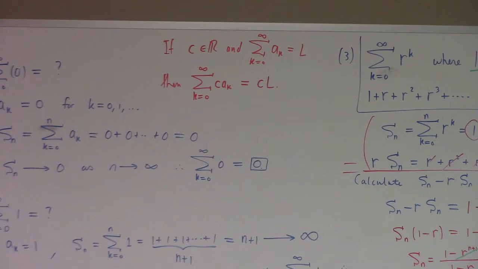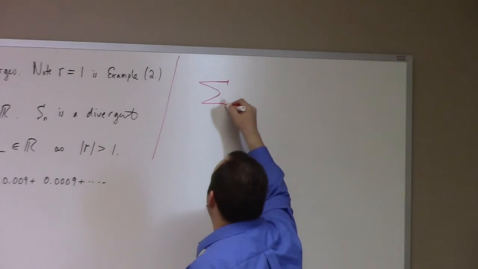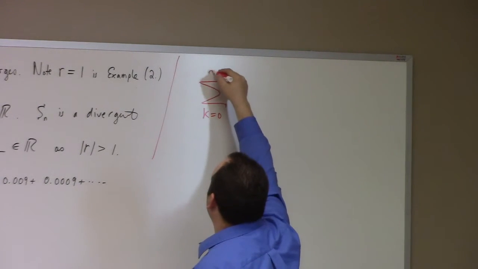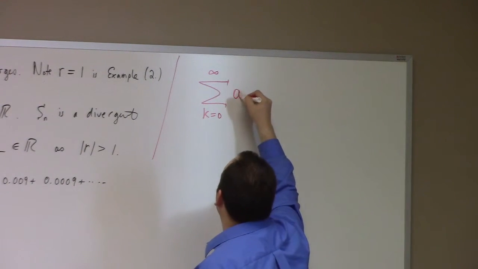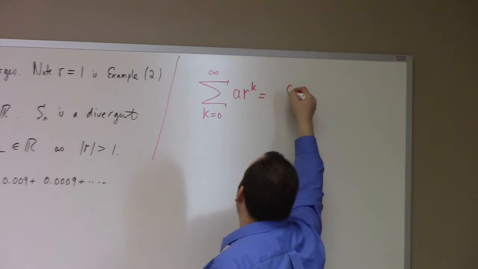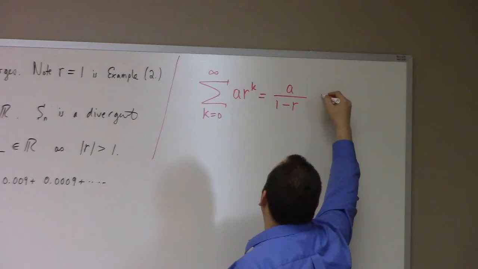Now that's relevant here because you see what I need? I need a slight beefing up of examples 3 and 4. What I need is the following result, and this is usually what's referred to as the geometric series. The sum k equals 0 to infinity of a times r to the k is equal to a over 1 minus r, provided what?